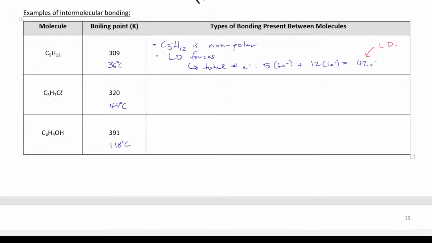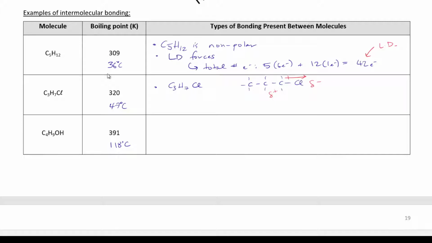If you look at the next molecule, C3H7Cl, the molecule is polar. It has to be polar because you have 3 carbons bonded together, there's a bunch of hydrogens, but then there's a chlorine attached to the carbon, and the carbon to chlorine bond is polar, creating a delta negative over here and a delta positive over here.